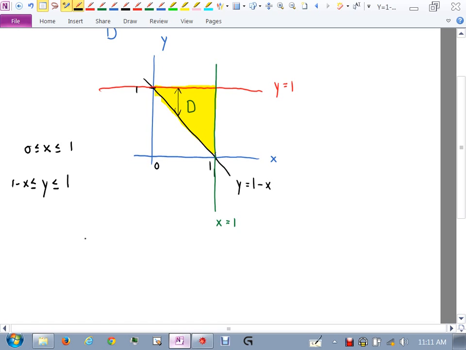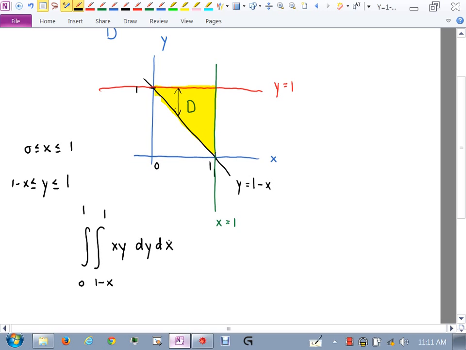And now I just need my double integral. 0 to 1, 1 minus x to 1. And then what's the integrand here? We're going to do the density function, right? X times y. And then dy dx.